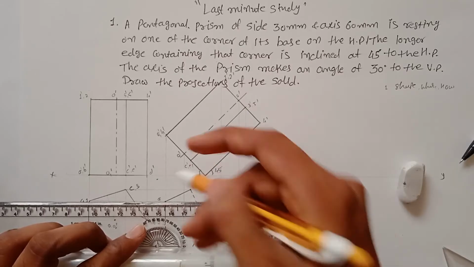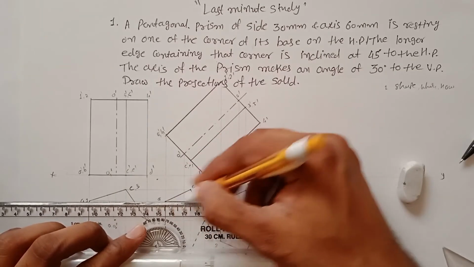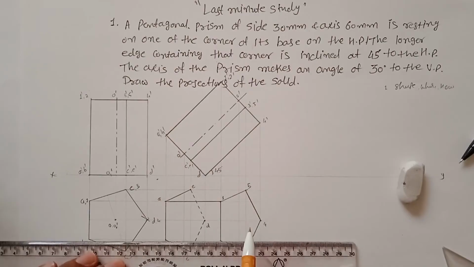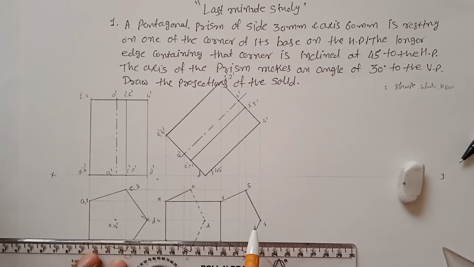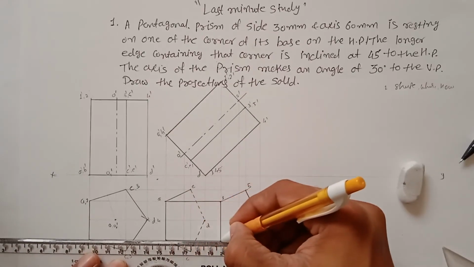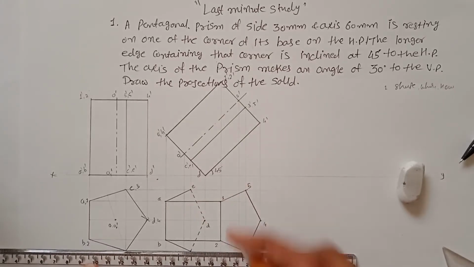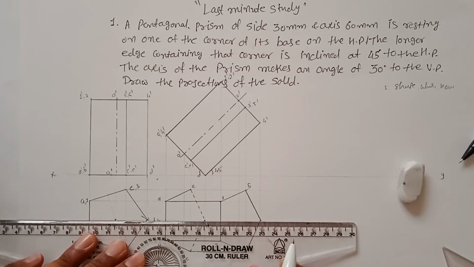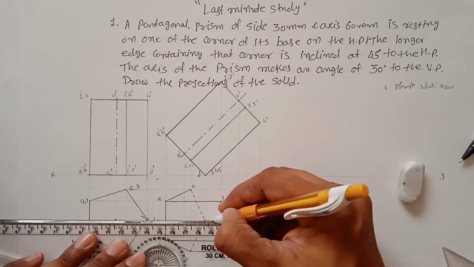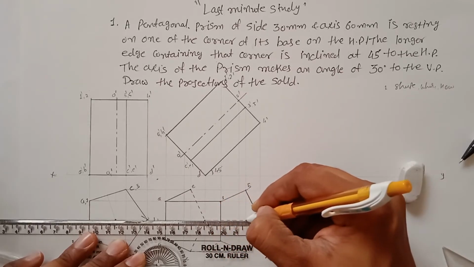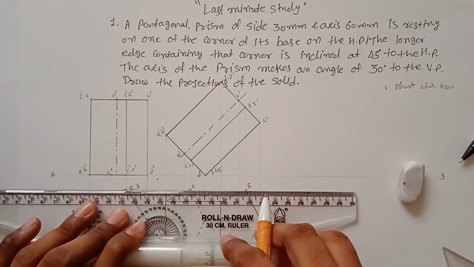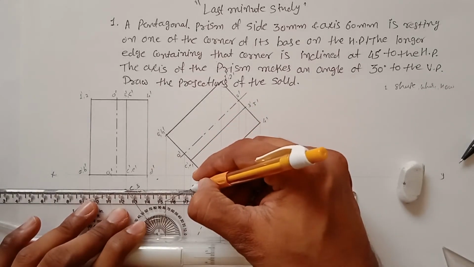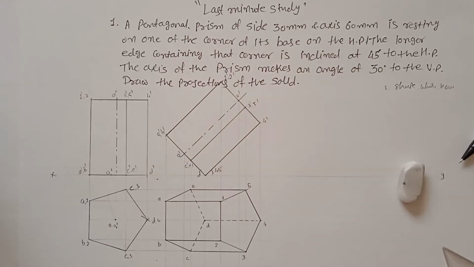You can see in projection of solids, everything is imagination. You have to just imagine the rotation of the solid for better understanding. Now you cannot see this edge because it is the backside of the solid when it is rotated. So you have to draw this as a dash line. So this is your intermediate position.